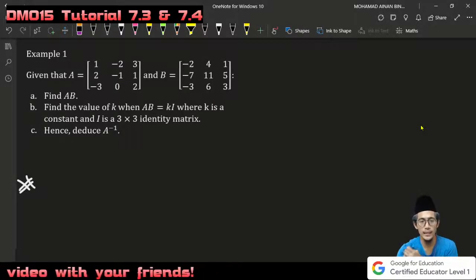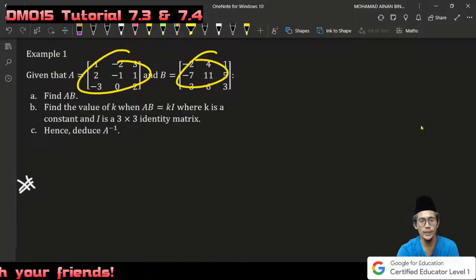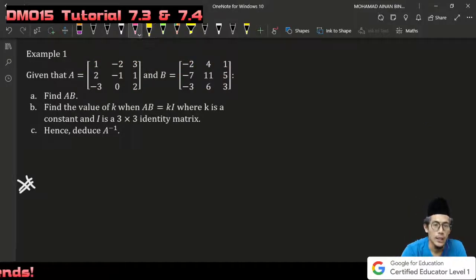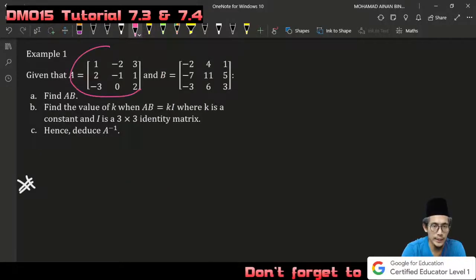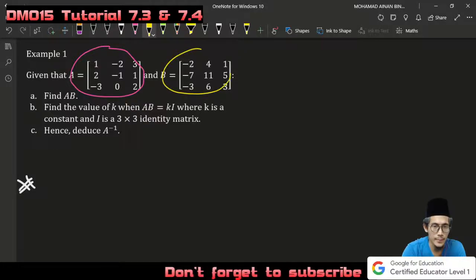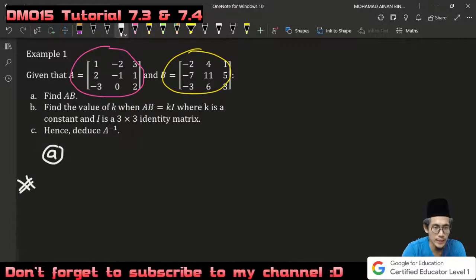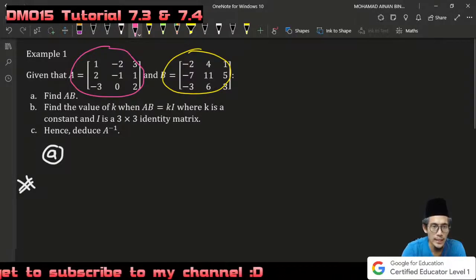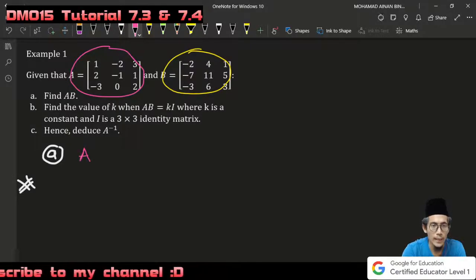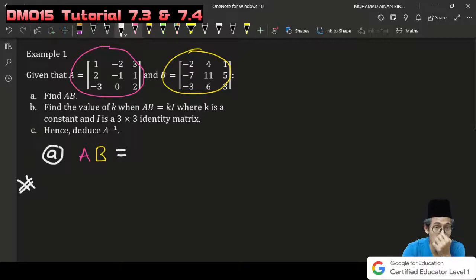Given A adalah matrix ni, B adalah this one. So, apa yang kita nak buat? Okay. So, ini adalah A, ini adalah B. Now, what is the first part of the question? The question asks us to find A multiplied by B. Okay, nak buat apa? First thing first, kamu copy lah matrices tu.